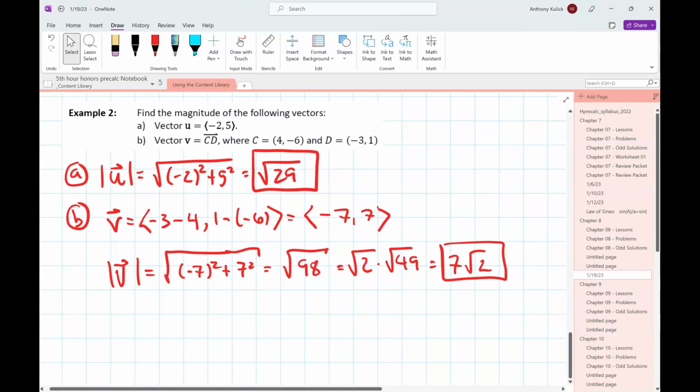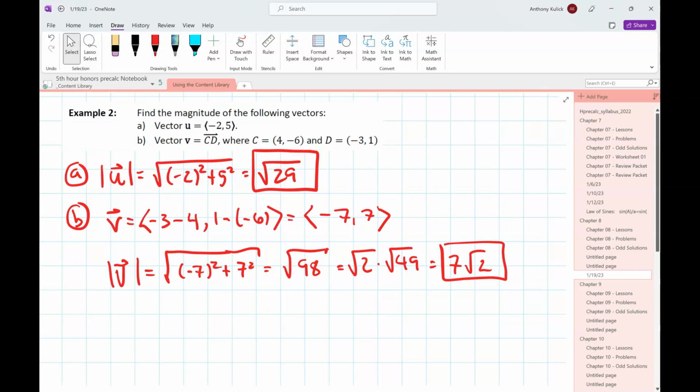So we've seen how to get, given a vector, how to find its magnitude, correct? What we still need to do is, given a vector, how do we find its direction? Because those are the two quantities that describe a vector, our magnitude and direction.